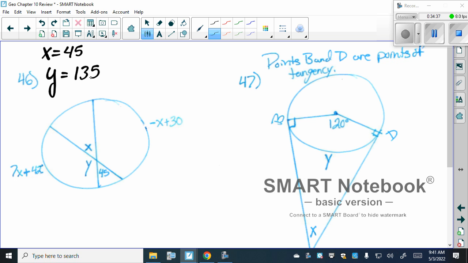X and y make a straight line, don't they? Any two angles that make a straight line add up to 180. Does it even matter what we do with the other sides? No, we already found x, we already found y, we're done.